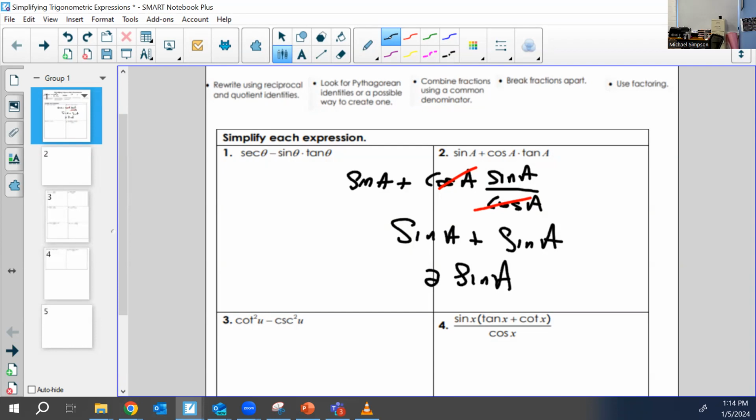Yes, Jasmine, you just got to practice. No, this addition is plus. It's sine A plus this right here. I cancel the cosine.